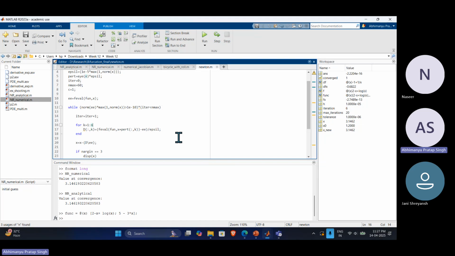Okay. So we do this for the number of elements that we have in the Jacobian. Like if it's a 3 cross 3 system, then we do this entire process 9 times. Okay.